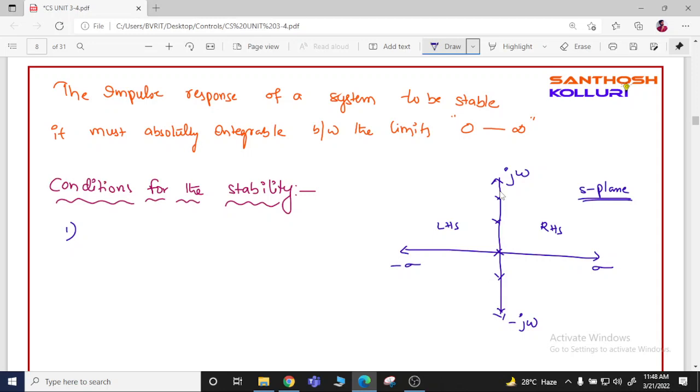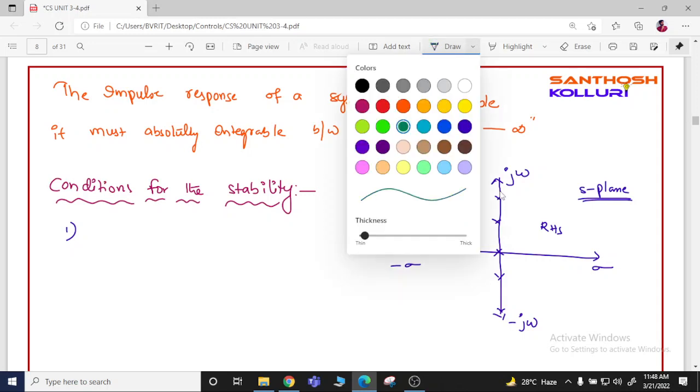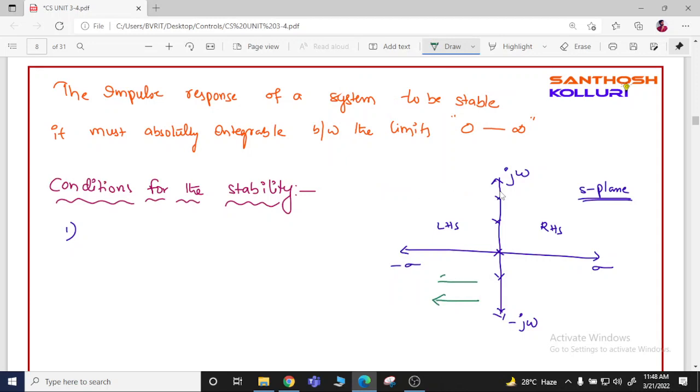Now, the first condition is, for a system to be stable, all the poles of the system must lie in the left side of the S plane. Then the system can be called a stable system. So this area is called the stable area.